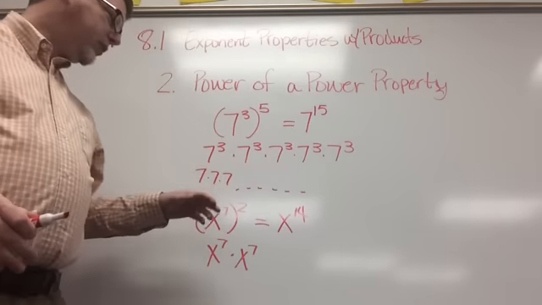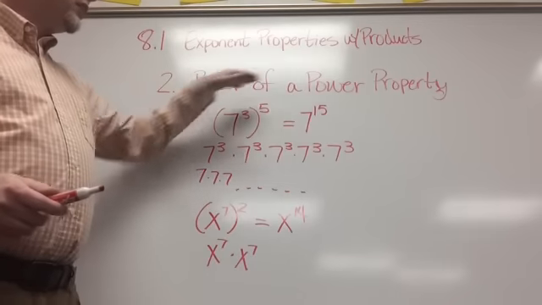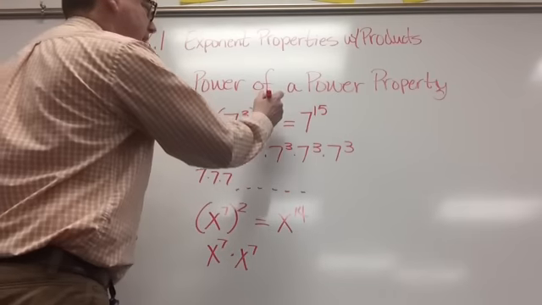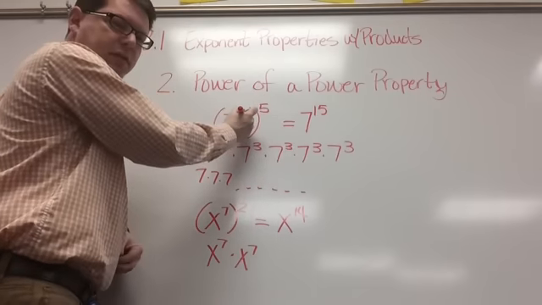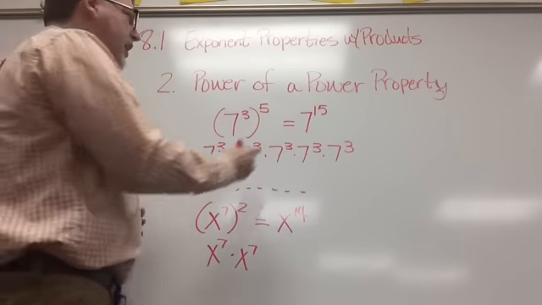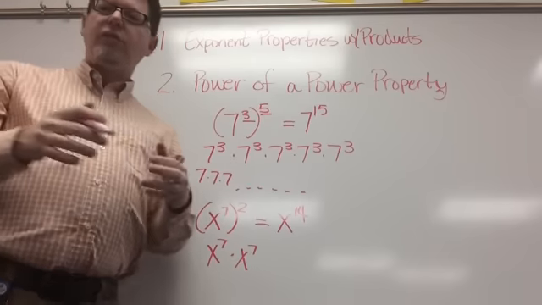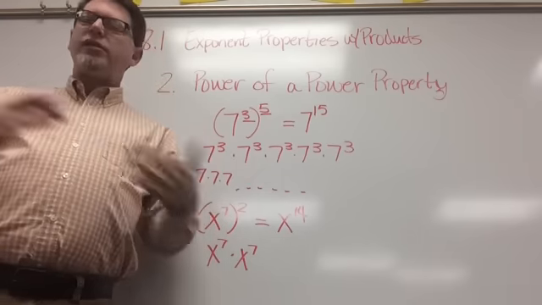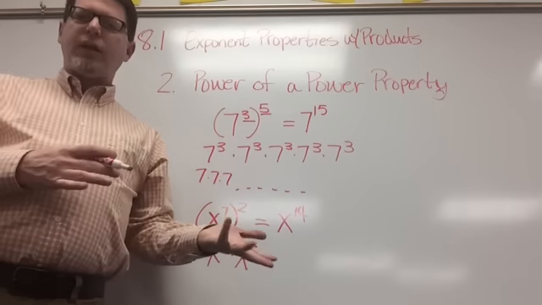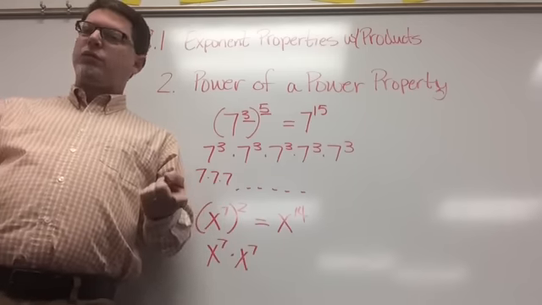So I wonder if you could come up with a rule for solving a power of a power. Why is this called a power of a power? Because I have a power, the 5th power, of a power, the 3rd power. Think about this rule, and we're going to discuss it tomorrow when you come into class. I'm not going to ask you for the rule to turn in, but I want you to think about it and maybe jot some notes down, because we are going to come up with those rules in class tomorrow.